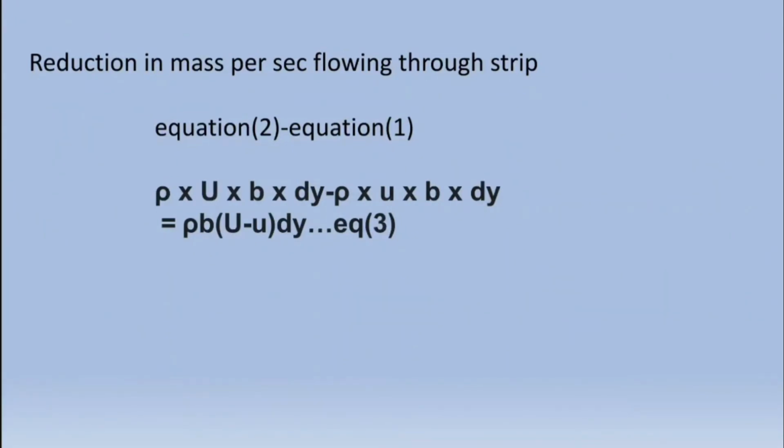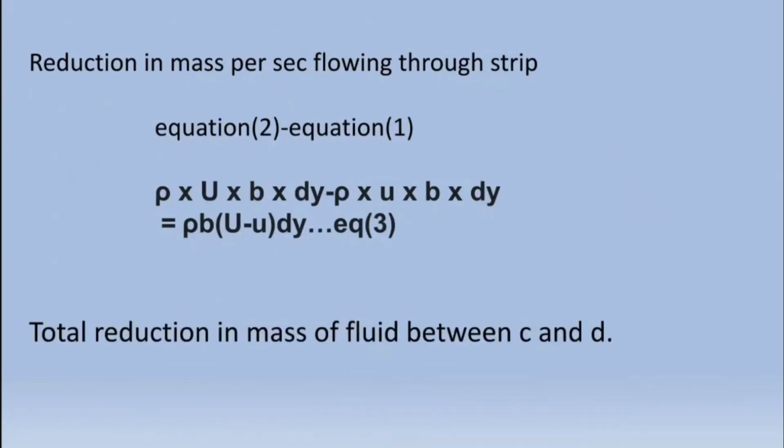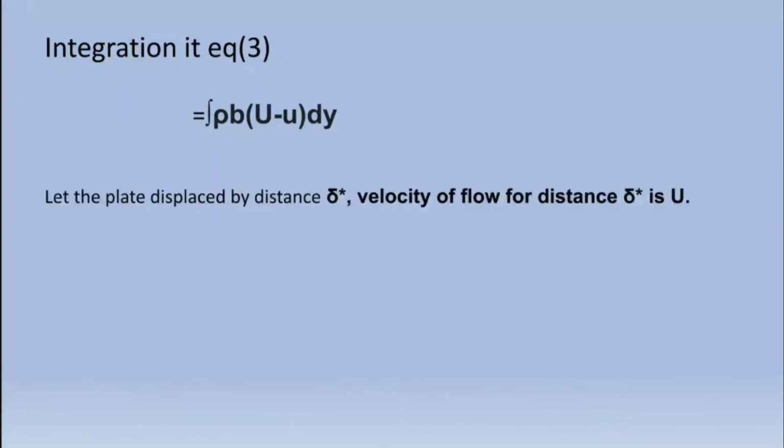Now I want to find the total reduction of mass between the section CD. The total reduction of mass between C and D is obtained by integrating this, equation 3. The plate will be displaced by distance delta star.